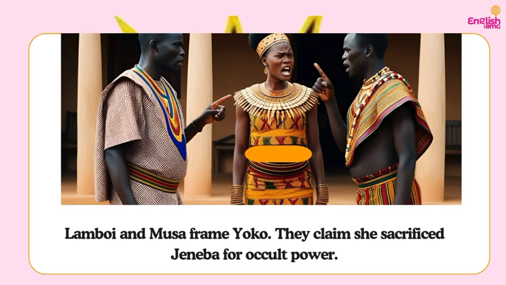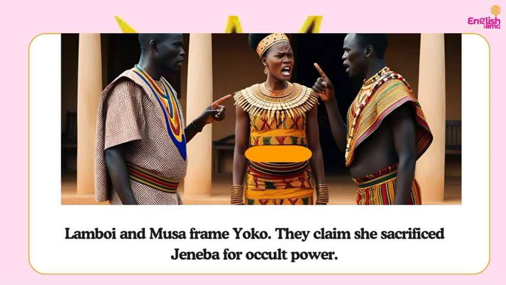When everybody realized that the girl had been kidnapped, Lamboy spread a rumor that Yoko had used the girl for spiritual power. He said that Yoko had buried the girl in a pot somewhere around the community just because Yoko wanted more power for her to rule the Mende kingdom.